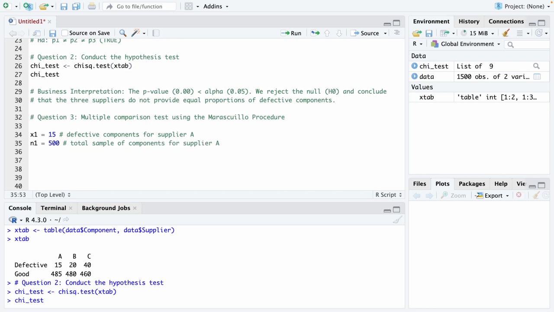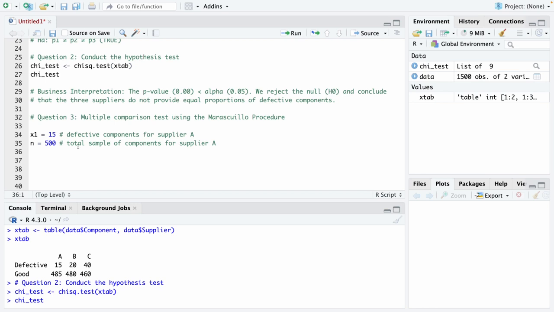I could use the same n for all of them, because they all have the same sample size of 500. But if you're doing a problem and they don't have the same sample size, then you need to define individual n's for all of them. In this case, I have the same sample size all through, because 485 plus 15 is 500, this is 500, this is 500. That allows me to use one n. But if yours is not giving you the same, then please add it up.